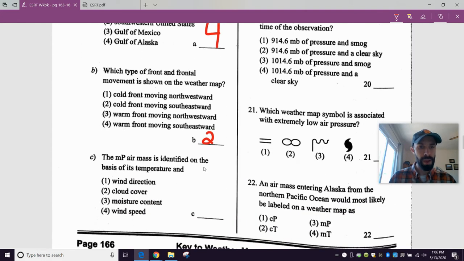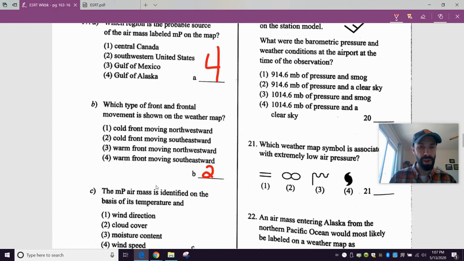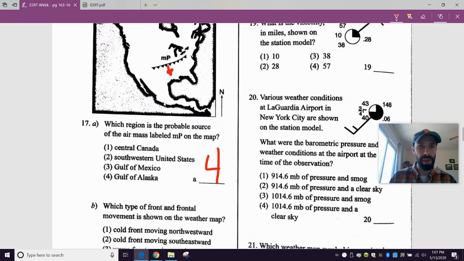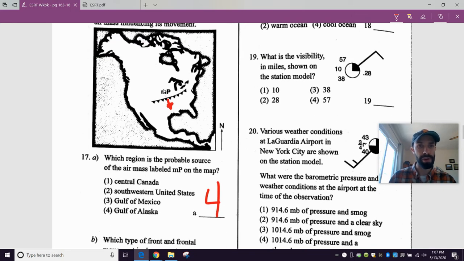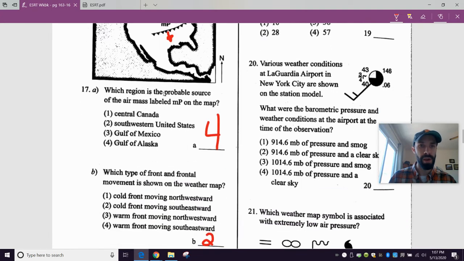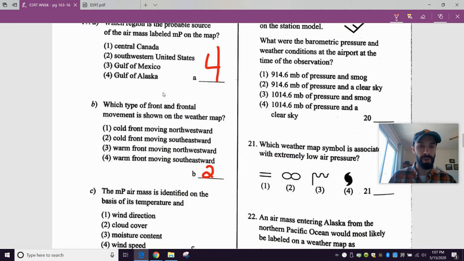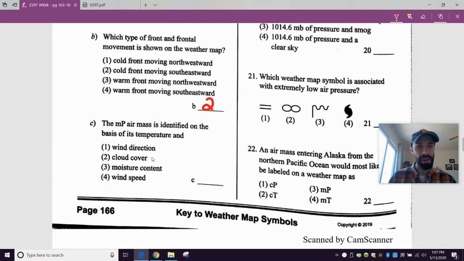Okay. The MP air mass is identified on the basis of its temperature and what? Well, we know that the P stands for polar, which means cold. So that's the temperature. The M, the maritime, is referring to where it started over water. So whether it starts over water or over land is related to what thing on this list here?